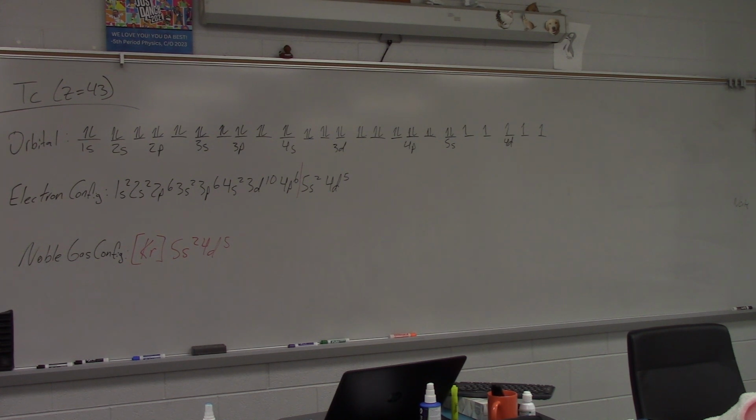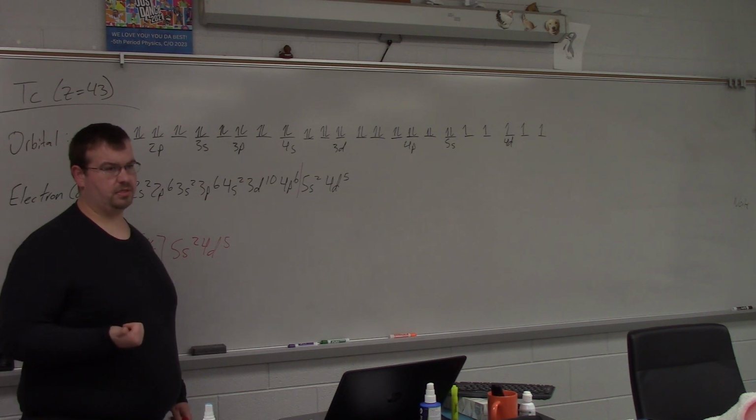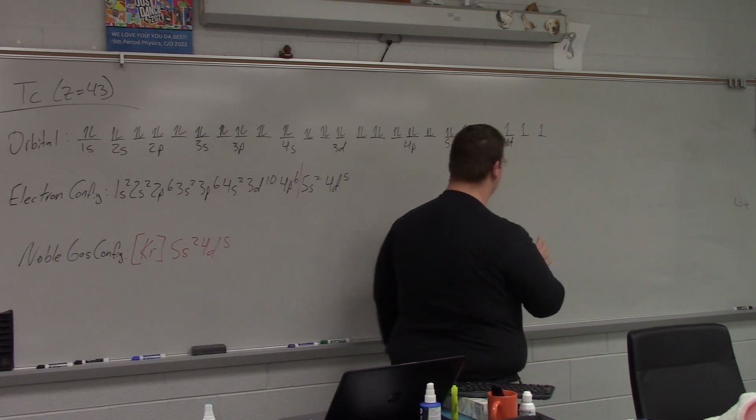How do you know on the orbital to go up at the end? Like the up arrows? So you always start with the up arrows. So I'm going to erase these so I can try and explain.